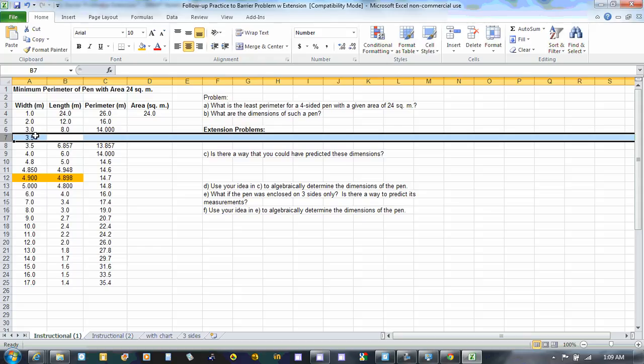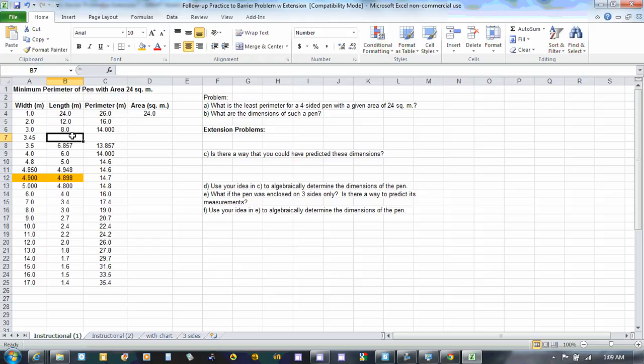It rounds it up to 3.5. Let's add a decimal place to it. And here we're going to copy and fill down. Okay. So 3.45 with a length value of 6.957 produces a perimeter of 13.857.